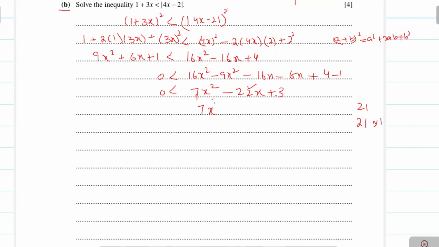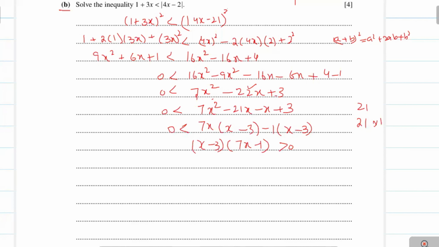We can write 7x square minus 21x minus x plus 3 greater than 0. We take 7x as a common. Therefore, we can write 7x into x minus 3, minus 1 is a common, and we can write x minus 3 into 7x minus 1 greater than 0.